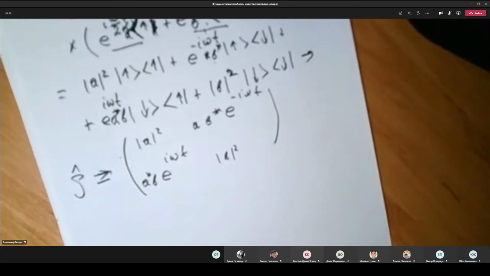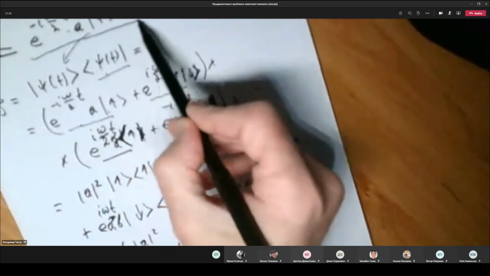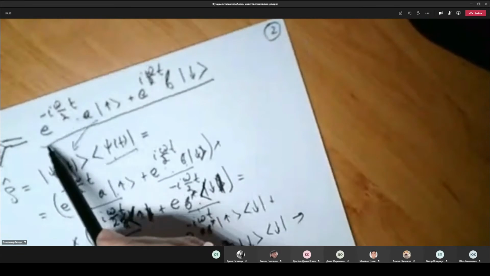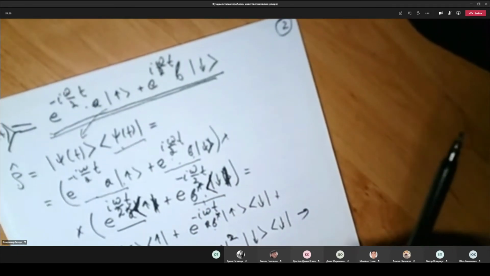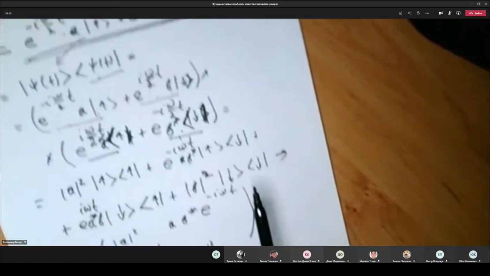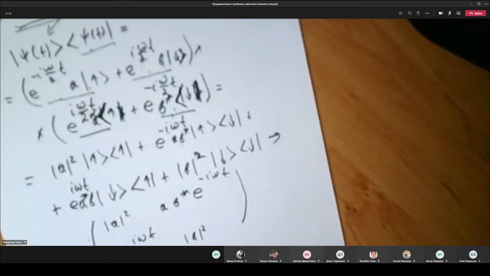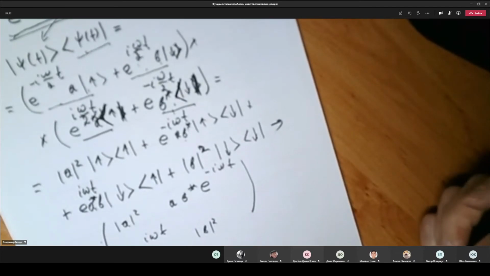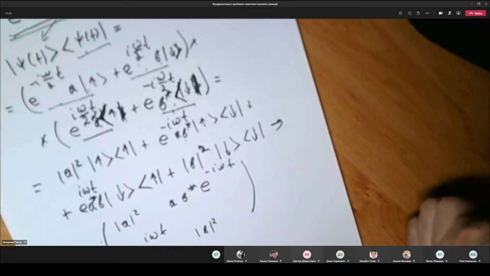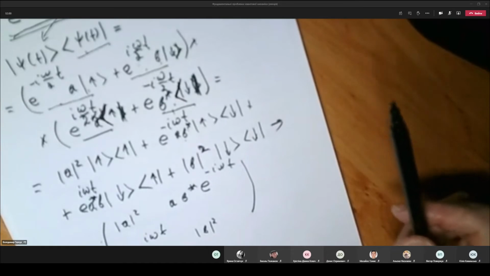So we have such a matrix, which in fact represents the pure state written here. So the same pure state can be described by this vector, or it can be described by this density matrix. It is absolutely the same quantum state. And you see that we have two different forms for describing the same pure quantum state.